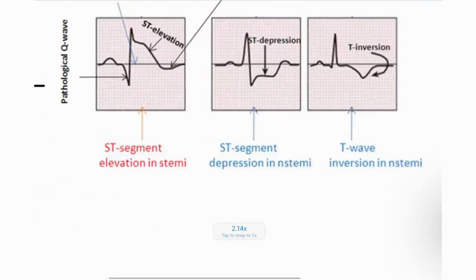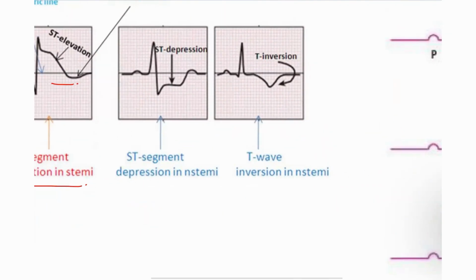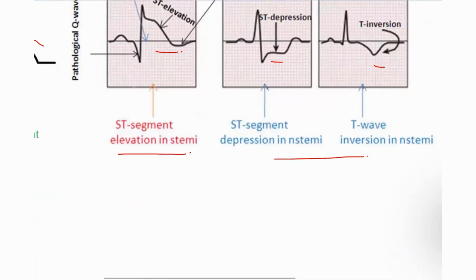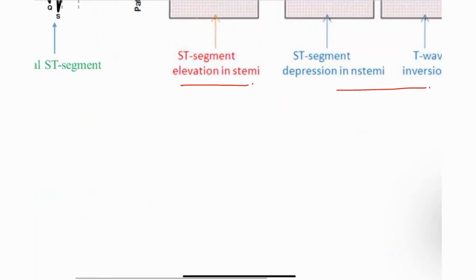So here you can see the classical picture of ST elevation, and this is non-ST elevation, like ST depression or T wave inversion. And how much does it have to be? The ST elevation, if you see it in the chest leads, should be more than or equal to 2 mm. And in the limb leads, it should be more than 1 mm. It has to be seen.